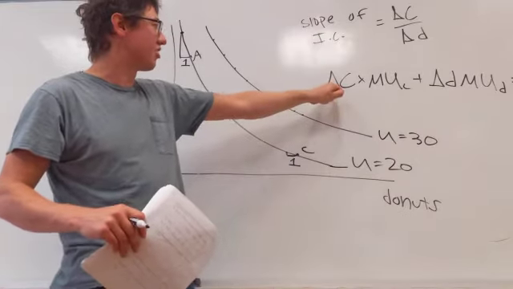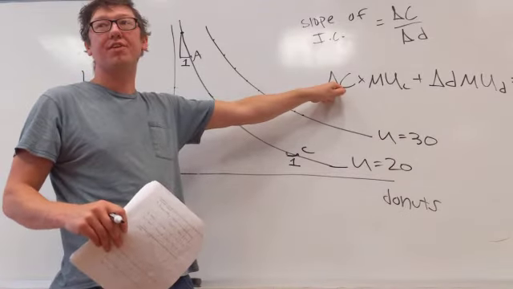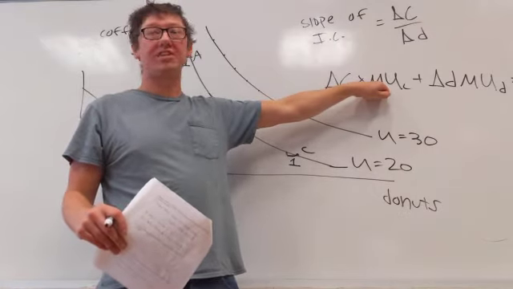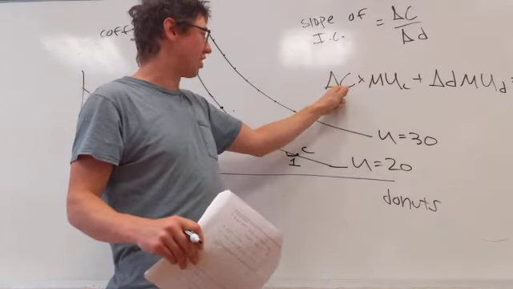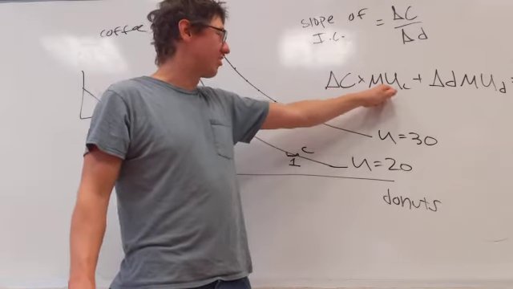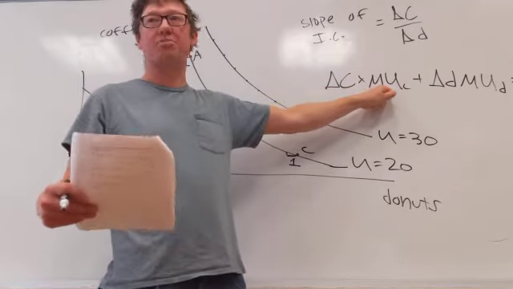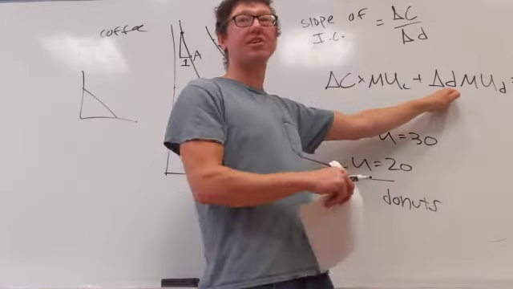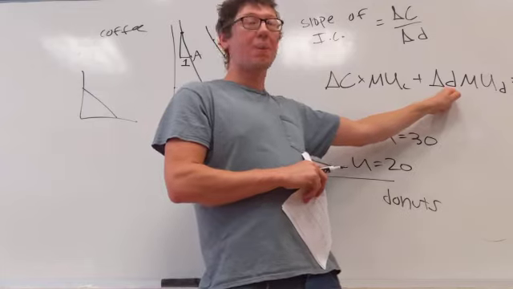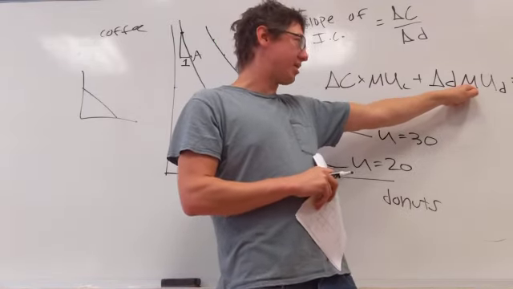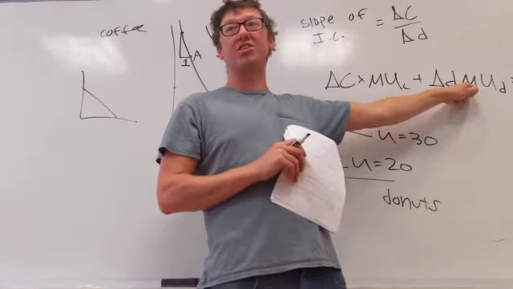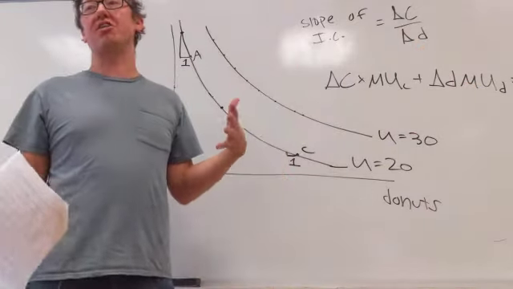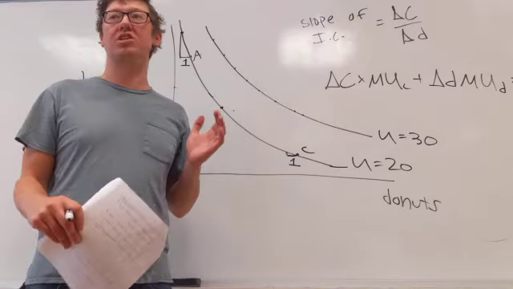The change in the number of coffees you have times how happy those coffees make you. If I gave you one extra coffee, so delta C is 1, how much extra happiness did you get from that? That's the marginal utility of coffee. Over here, the change in donuts would be some negative. I took away some donuts, and how sad did that make you? That's the marginal utility of donuts. Those two things, along an indifference curve, have to exactly offset each other. They have to sum to 0.